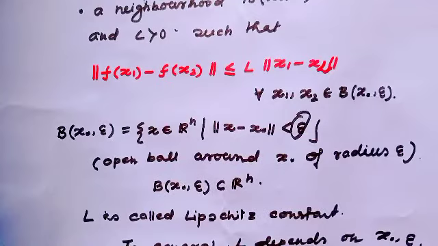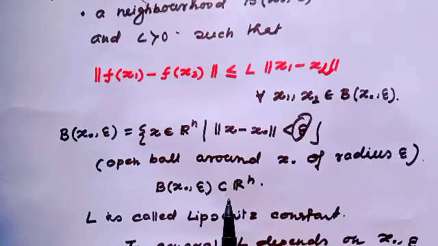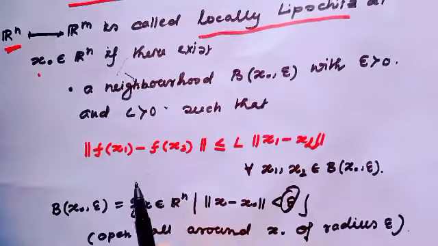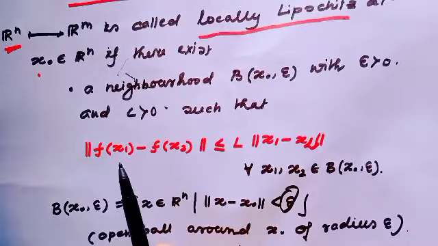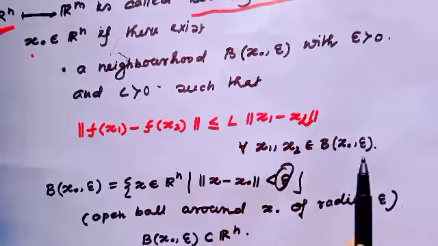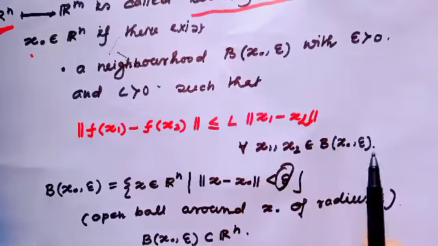That means B(x0, epsilon) is a subset of Rn, and for this inequality, x1 and x2 lie in this ball.